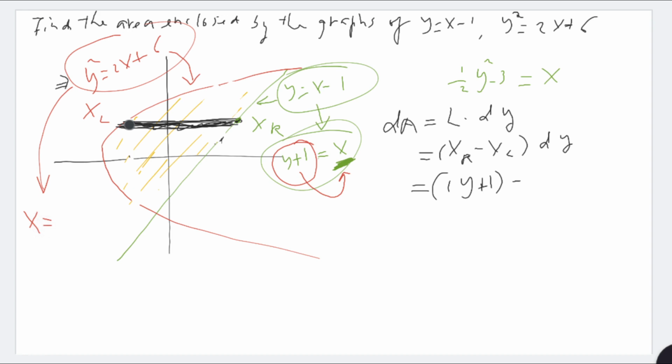All right, when we graphed this, we already solved it. So I'm going to just copy the 1/2 y squared minus 3. Okay, so don't just plug in without thinking because you find the equation here, 2x plus 6. You have to know what you're looking for. You're looking for x, you have to solve for x. You solve for x, and this is what you're going to plug in.